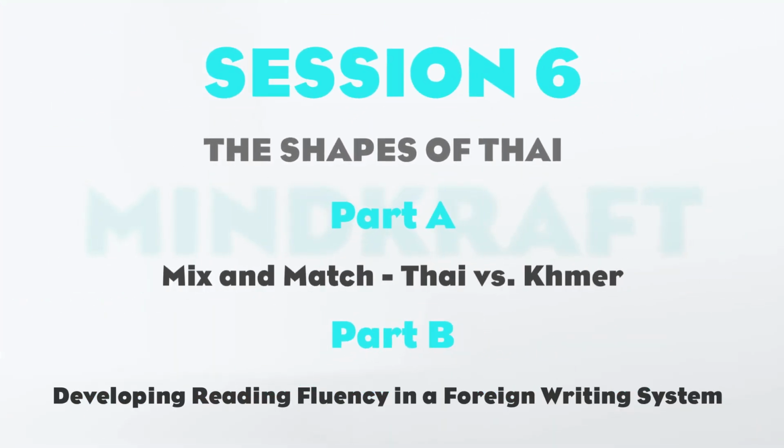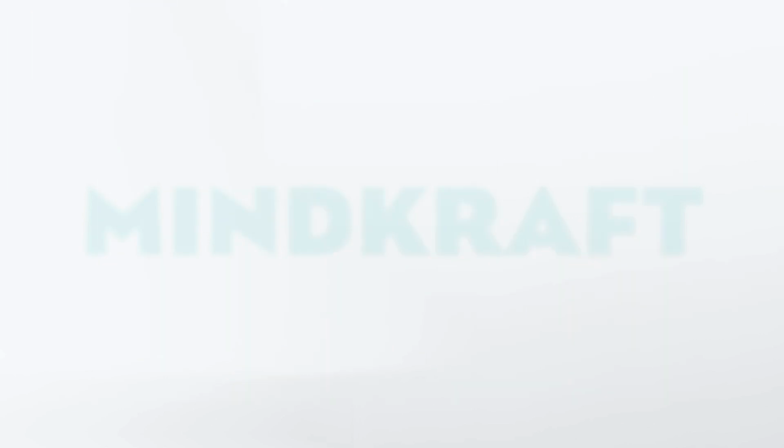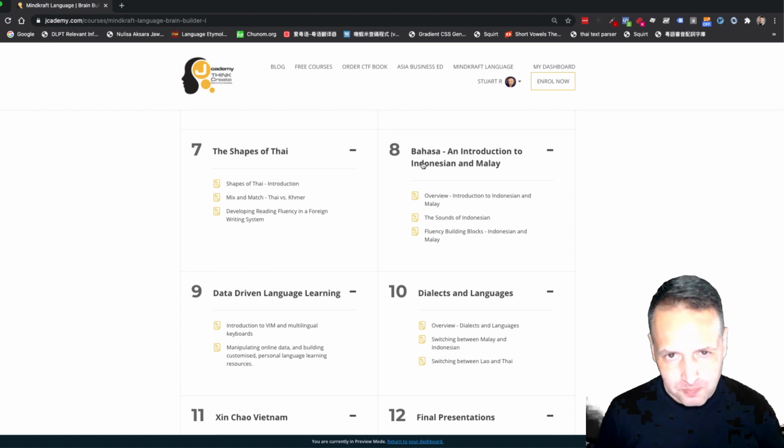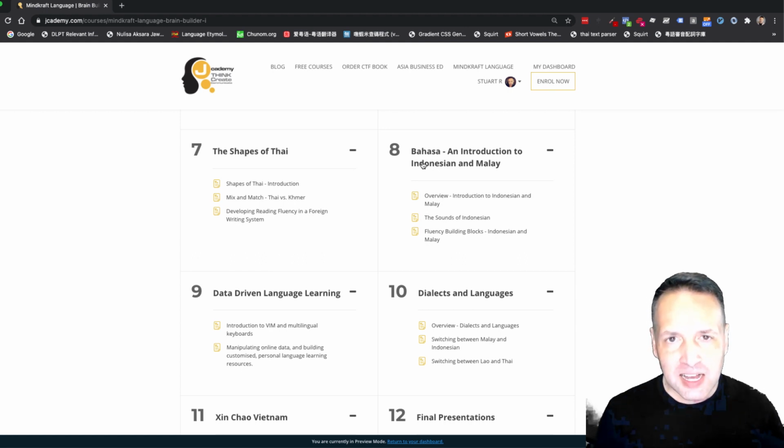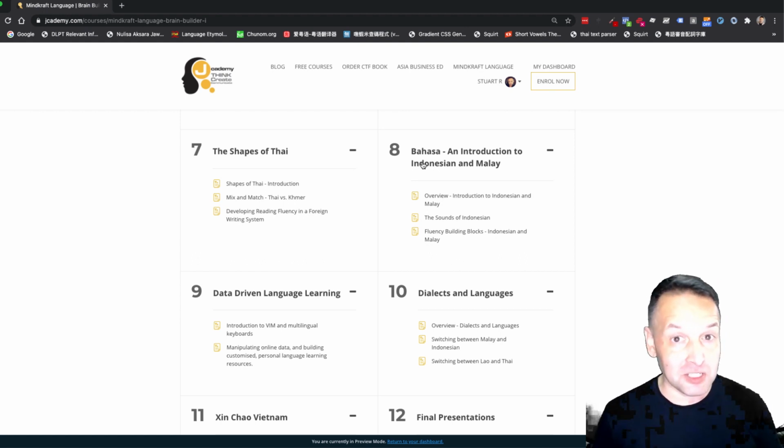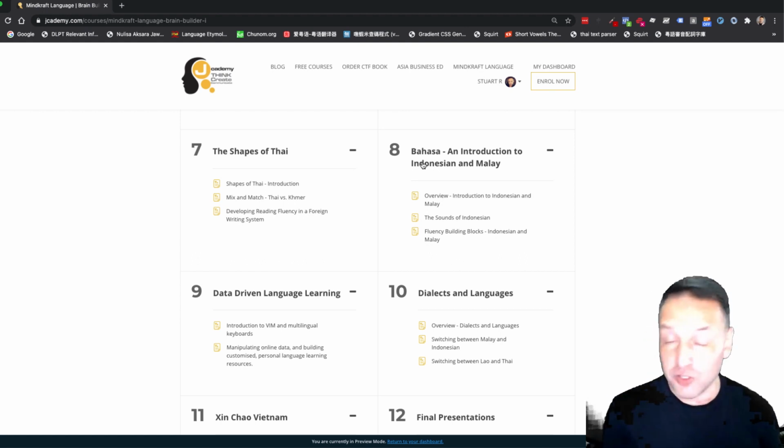We'll be looking at the shapes of Thai. Now, whether you're learning Thai or not, I've chosen this because there are some fascinating things that go on here. We'll be looking at how shapes in a language are seen differently by native speakers of a language versus learners of a language. And once you've been able to do that, you'll start to learn how to see shapes and patterns in shapes between languages.